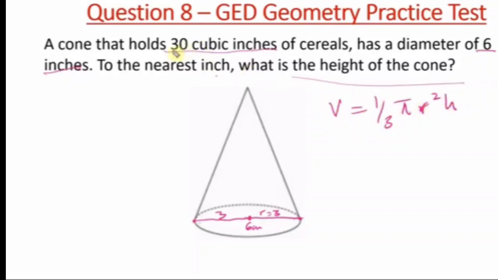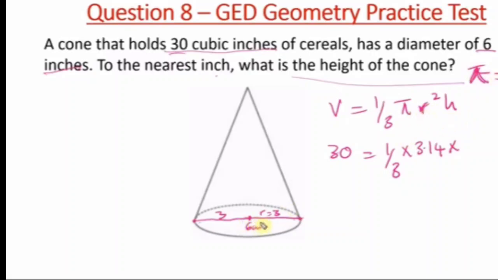We know that the volume V is 30, equal to 1 over 3 times pi, which is 3.14 on our formula sheet.